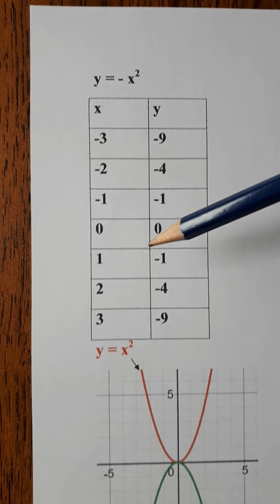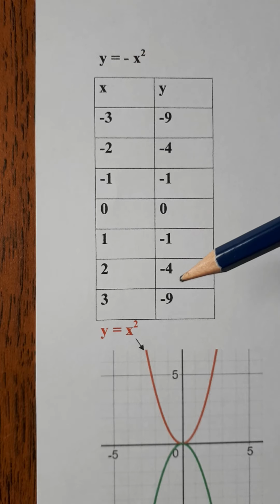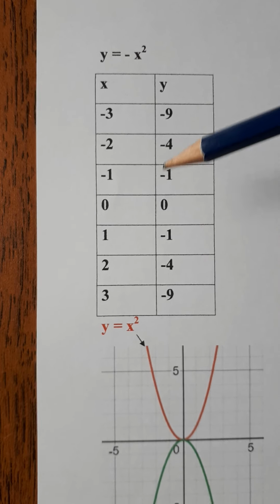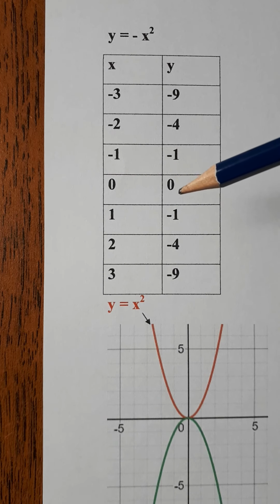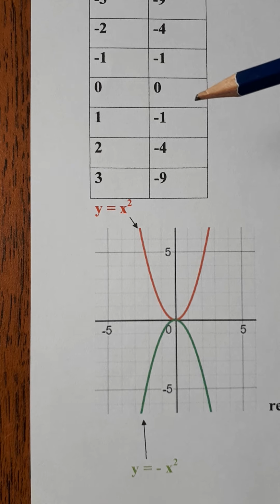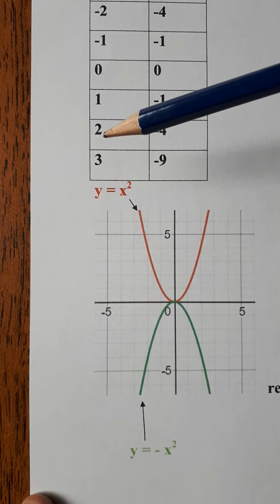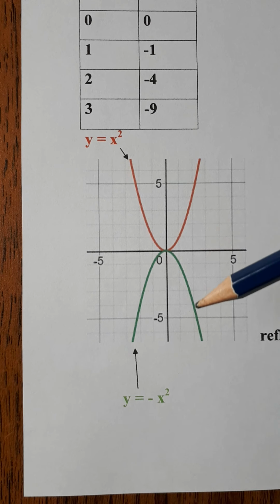So, for example, when x is 2, 2 squared is 4, 4 times minus 1 is minus 4. So we can see all the points have a minus in front other than this. And if you plot these points, for example, I will show you one example. x equals 2, y is minus 4.